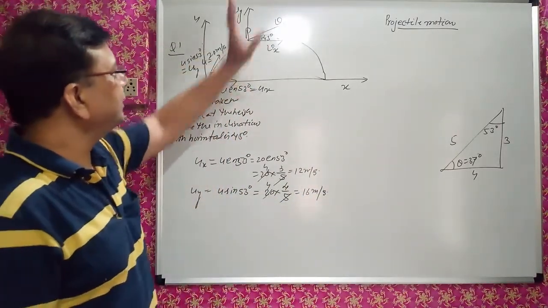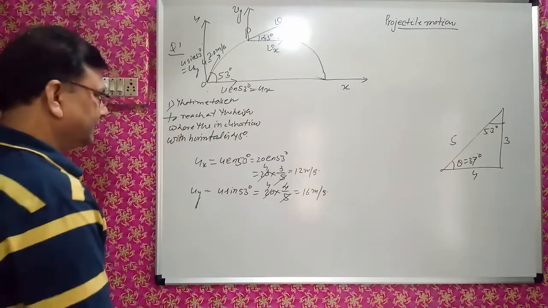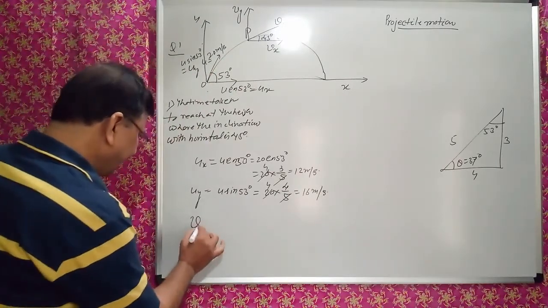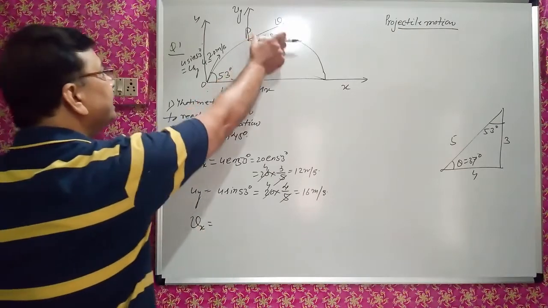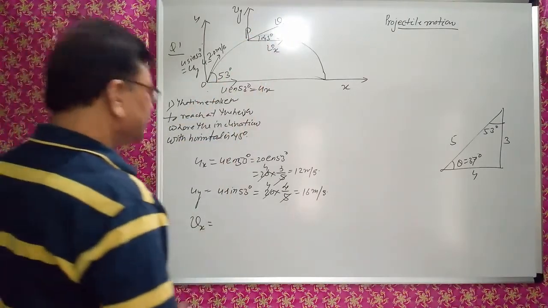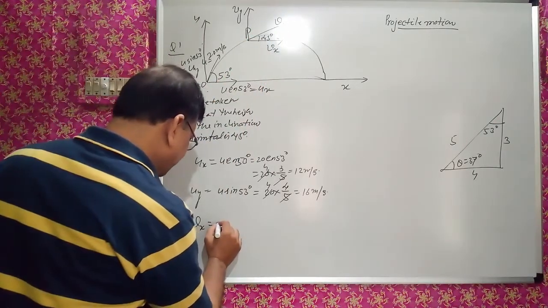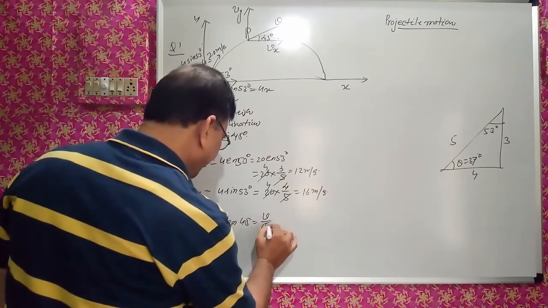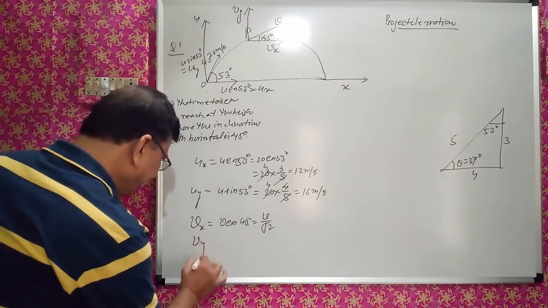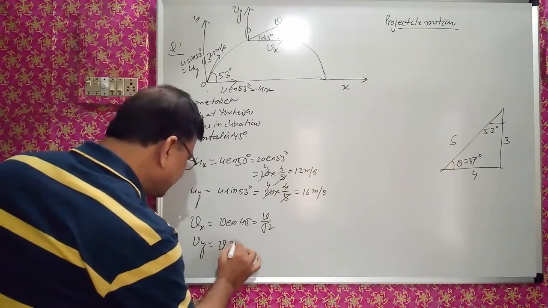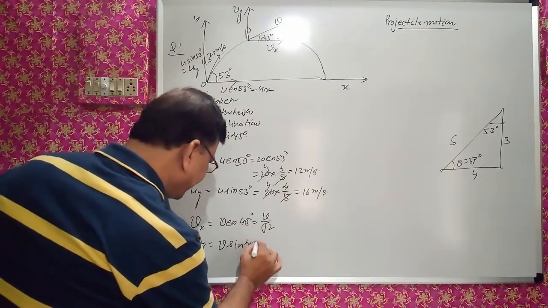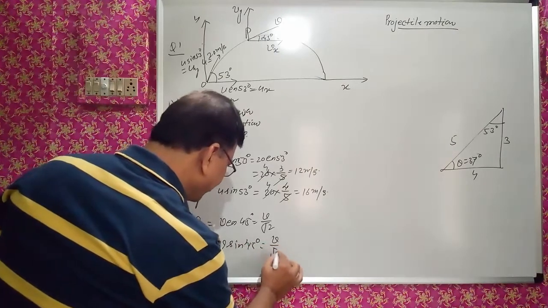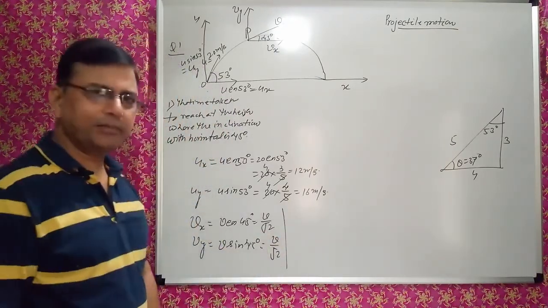Similarly, for this we will go Vx. Here Vx is equal to V cos 45, that is V upon under root 2. Similarly, Vy is equal to V sin 45 degree, that is V upon under root 2. So what do we observe from these two?